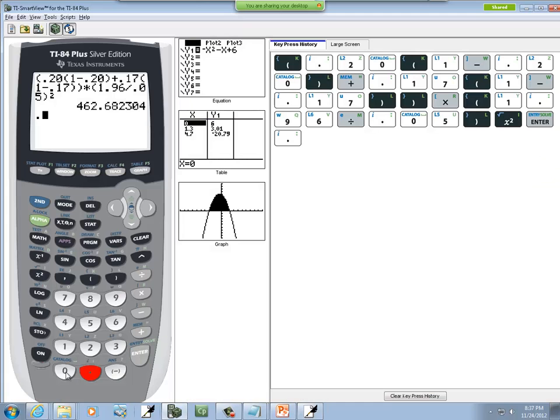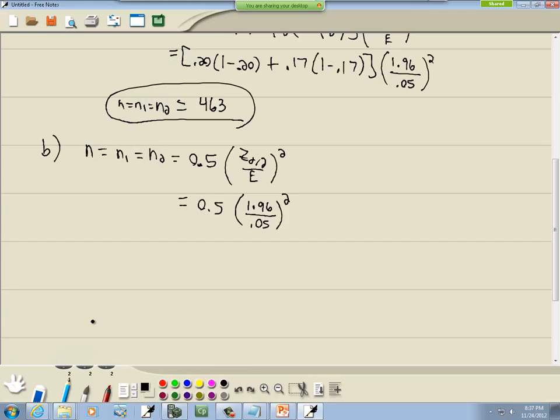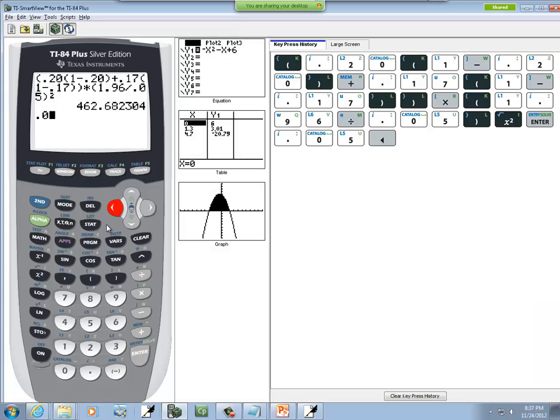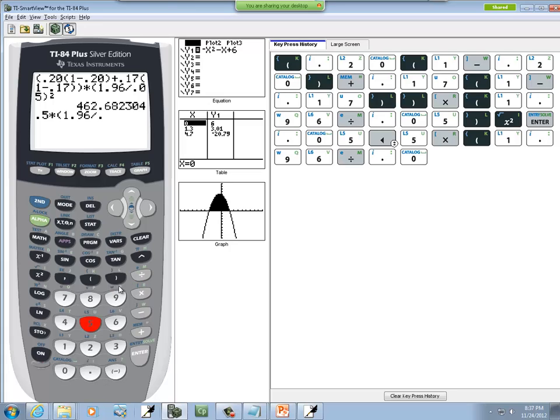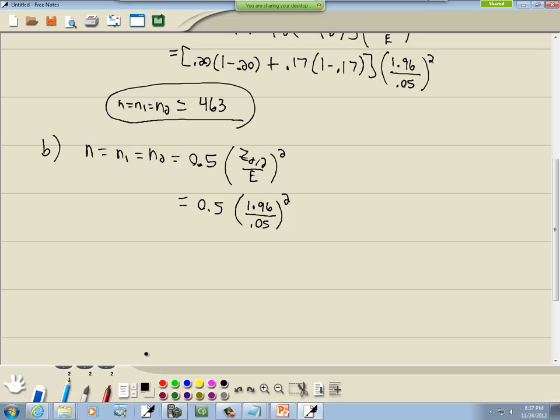Oops, 0.5. Back. Then times 1.96 divided by 0.05, close parentheses squared. And we get 769. And that's N, N1, N2.